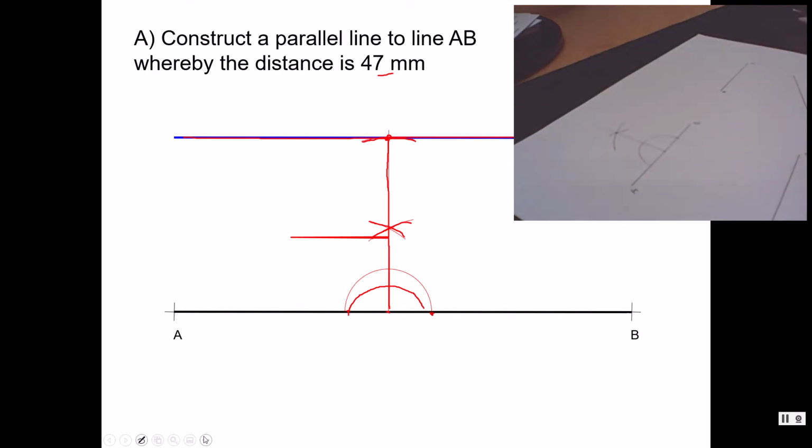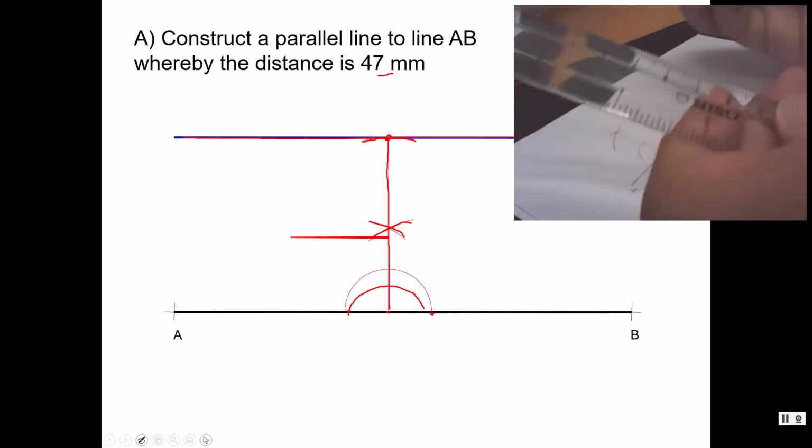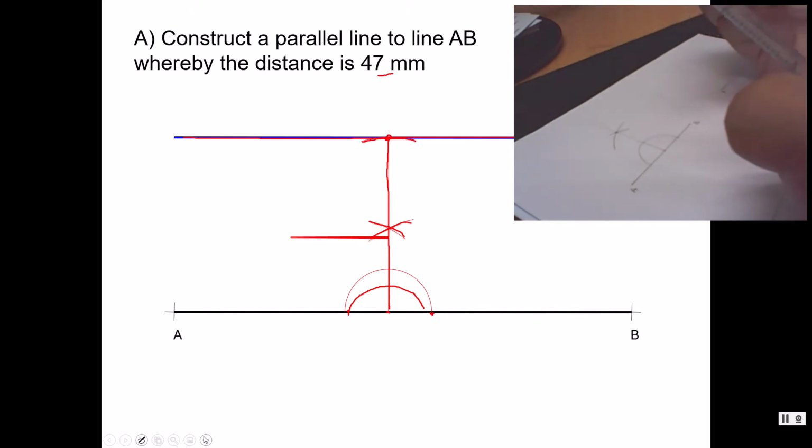Okay, so now the distance asked is 47 mm, so you need to measure 47 mm on the ruler by using the compass. 47.